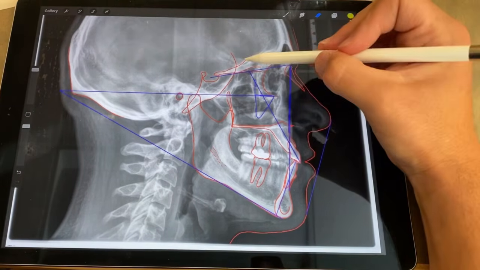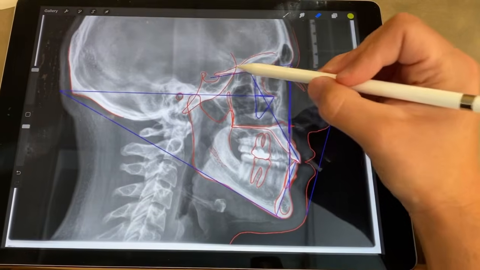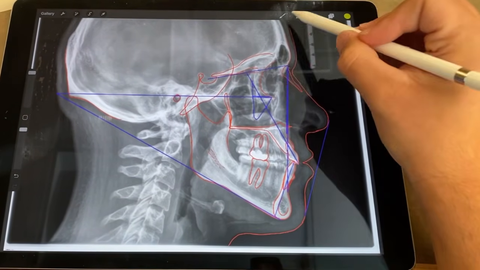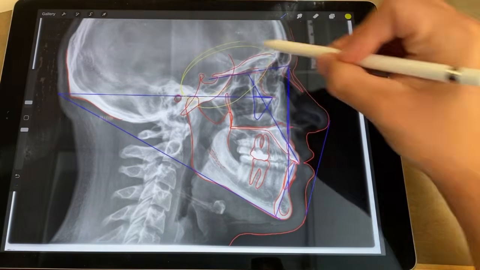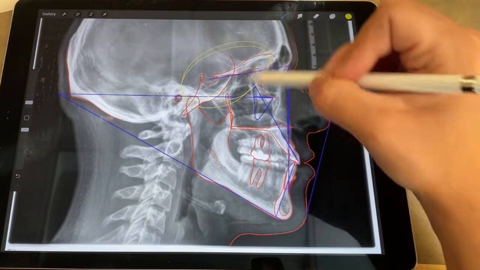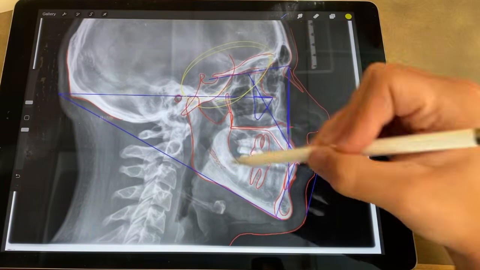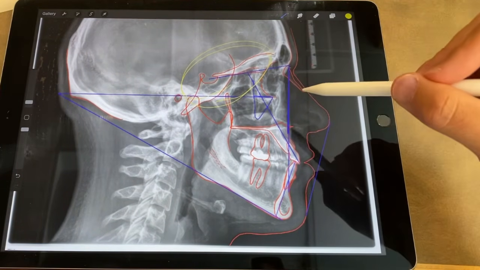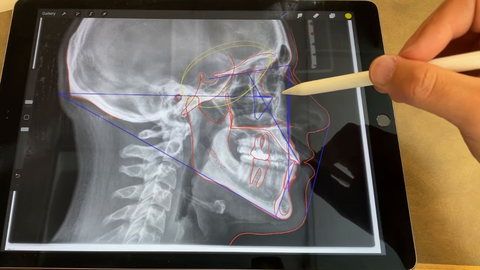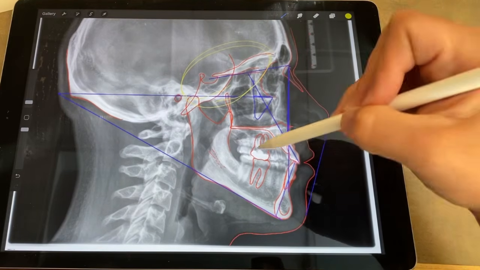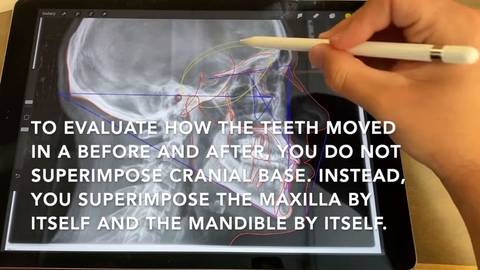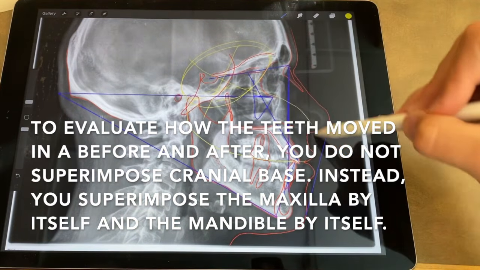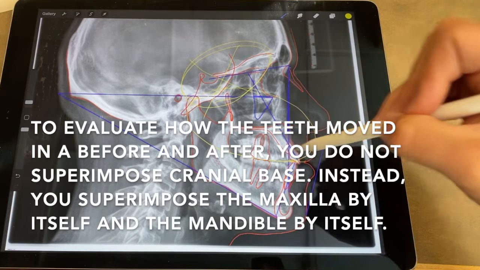So the cranial base we talked about in our previous lesson, the why we take a cephalometric x-ray. Part of it is to superimpose these areas right here so that we can see how the nose has grown, how the jaws have grown, how all the skeleton has changed over time in a growing patient. If we wanted to see how the teeth move specifically, you would not superimpose the cranial base. You would superimpose just the maxilla, and then you would see how the teeth moved.